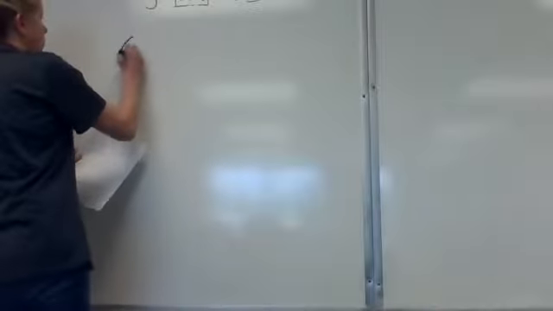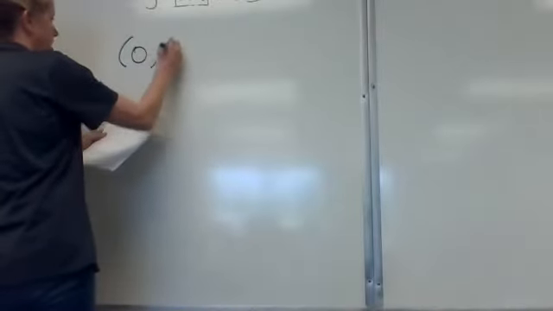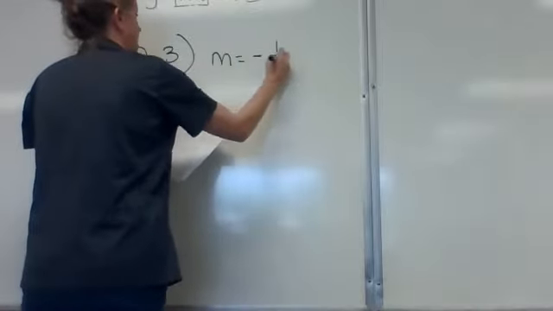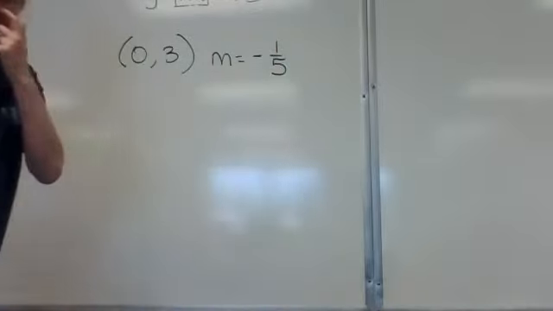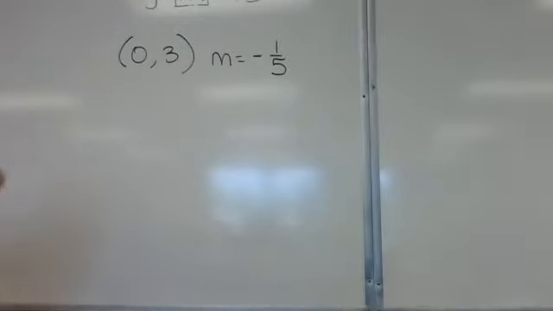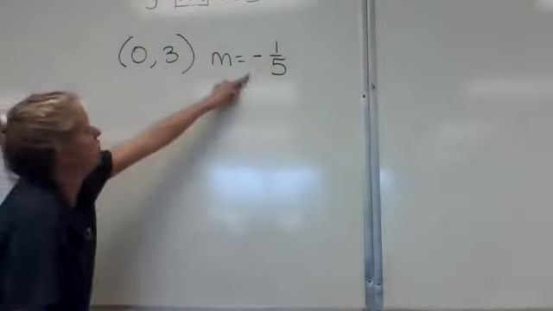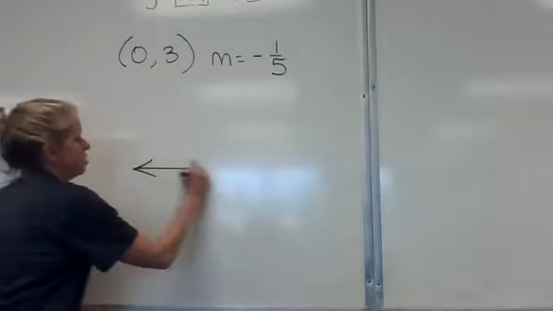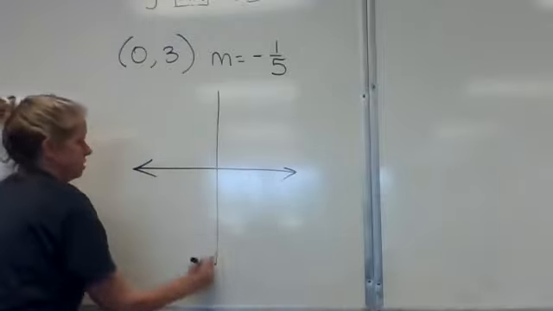So it tells you there's a point at 0, 3, and it tells you the slope is -1/5. So it's actually the same information you get with the slope-intercept form, right? I know the slope, and that's actually the y-intercept, right? Because if the x is 0, that means that's your y-intercept. So let's look at what this looks like.